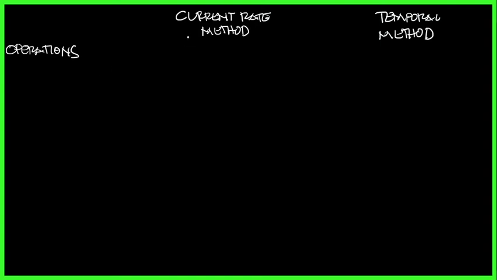If the foreign operation is considered not an integral part of the operation of the parent or the head office, you use the current rate method. But if it's an integral part, we use the temporal method.